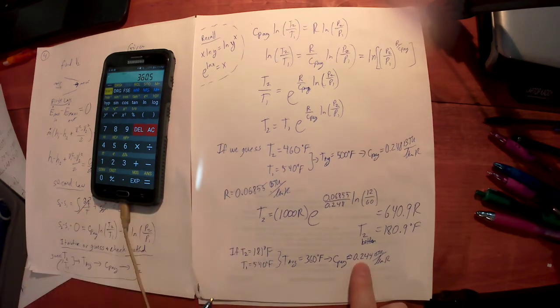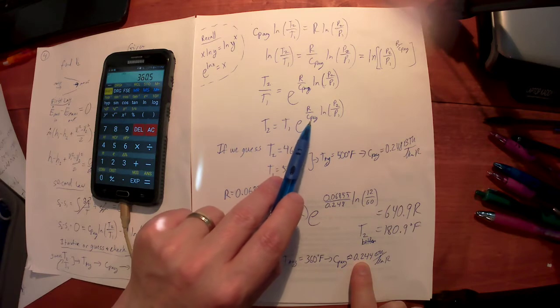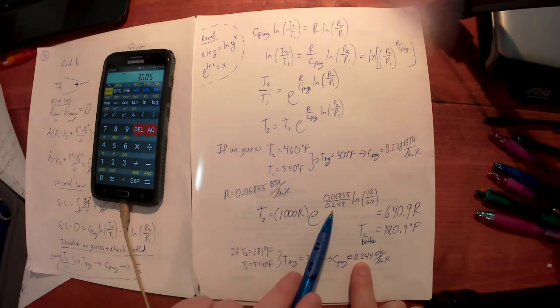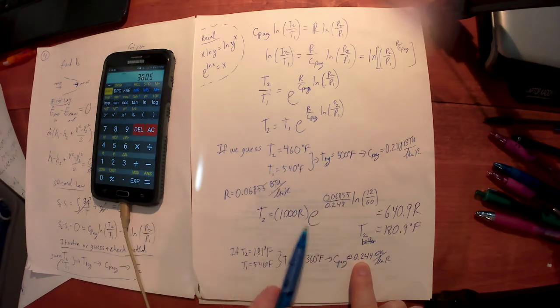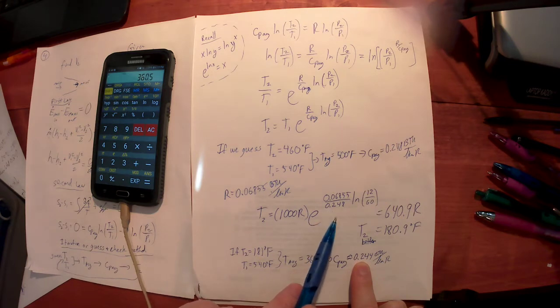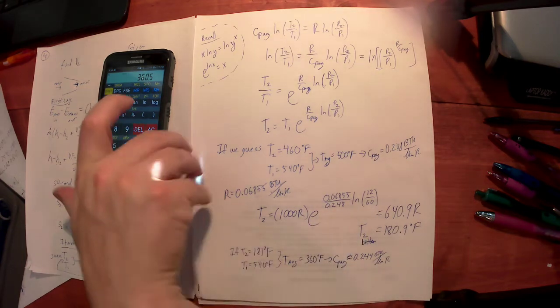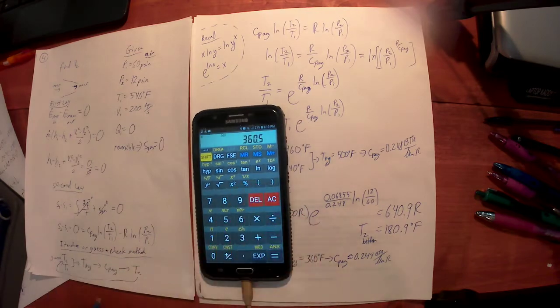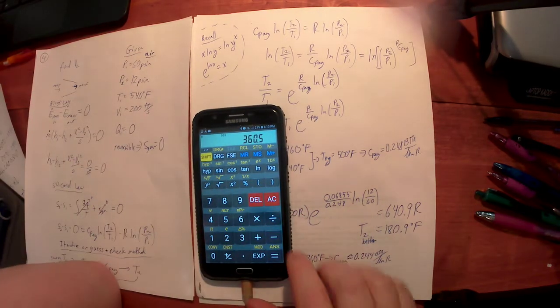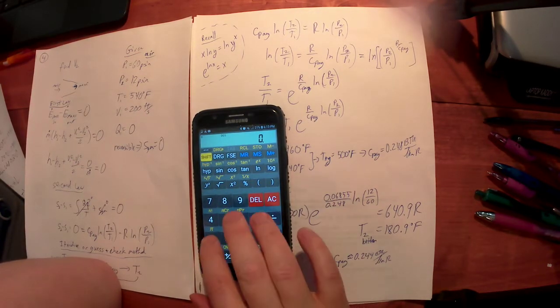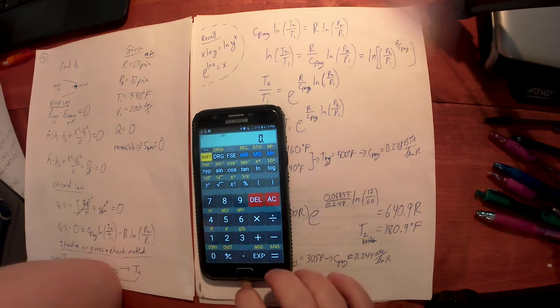And then what do we do with that? Well, we plug this in here. Notice the only thing that's changed here is this one number. So if you're using a big fancy calculator where you can put this all in one line, the only thing you have to change is this one number now. Recalculate everything else, or simplify all the constants. I just have a simple calculator here, so let's do this.